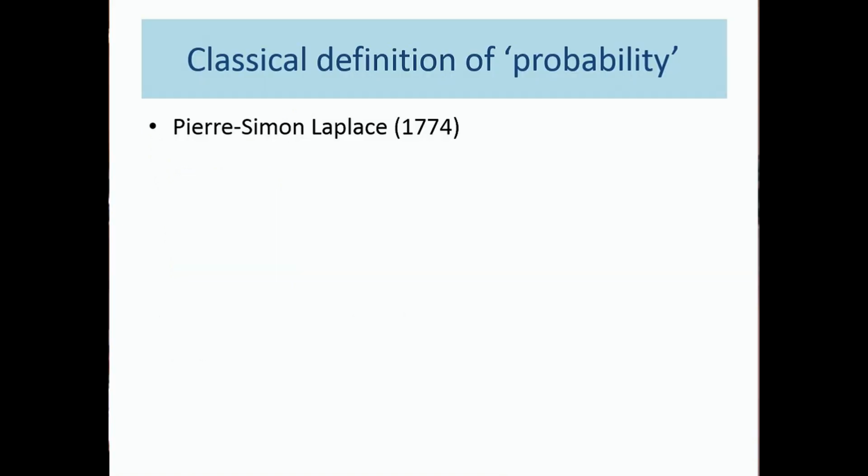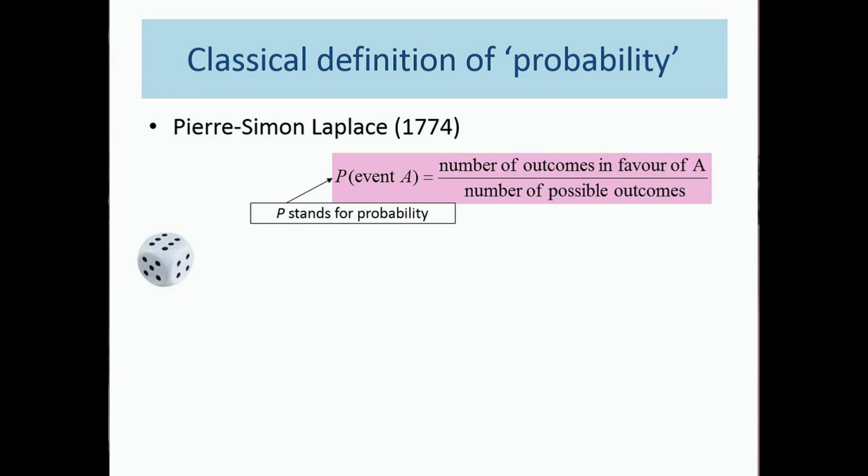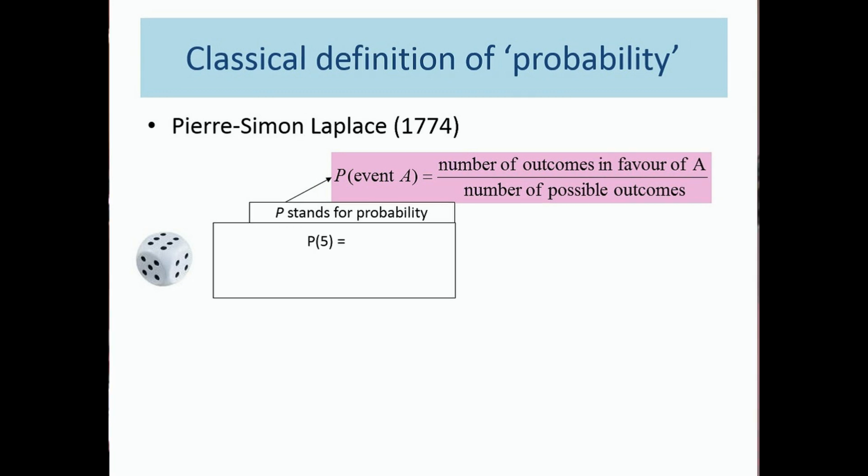To get a feeling about probabilities, we will start with a definition of probability given by Pierre-Simon Laplace around 1800. He defined the probability of a certain event A as the number of outcomes in favor of A divided by the number of possible outcomes. To give you a simple example, if I throw a dice, what is the probability that the side with 5 dots will face up?